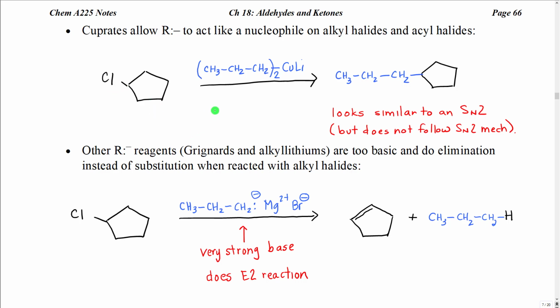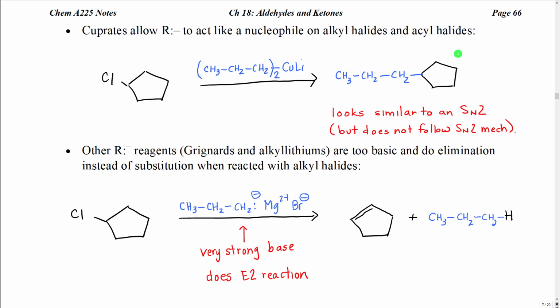We can treat that with dipropyl lithium cuprate. What we will do is replace the chlorine, the halogen, with one of the propyl groups. So we've made a new carbon-carbon bond and attached this carbon chain to our original carbon substrate.